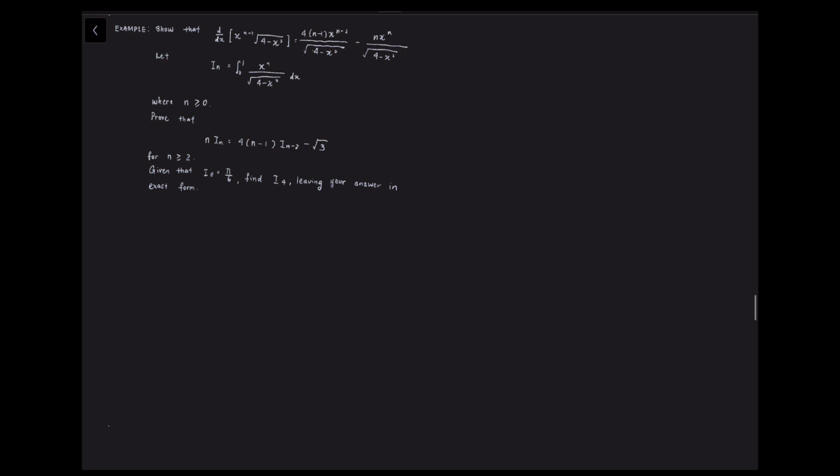So without further ado, let us do the differentiation. So differentiate x^(n-1) times square root of 4 minus x squared.